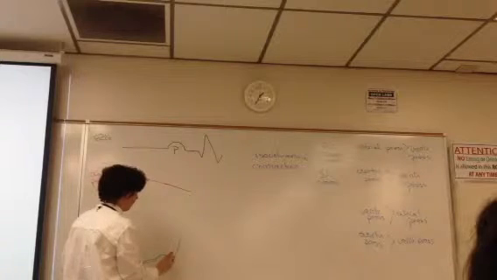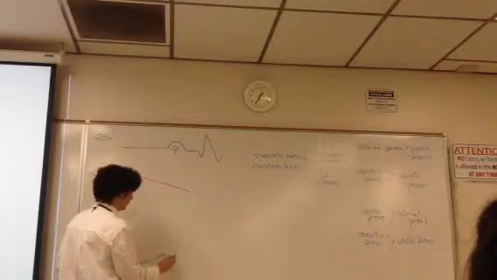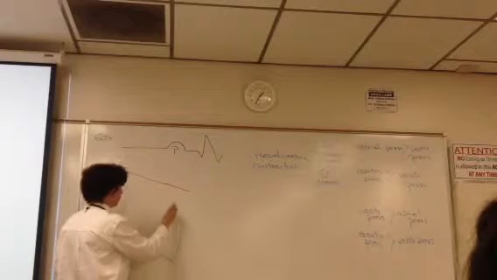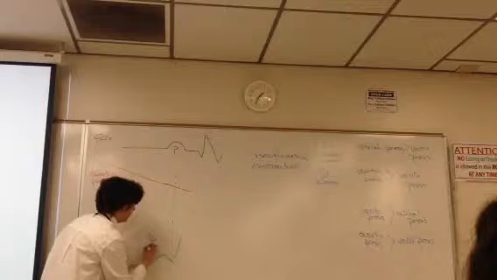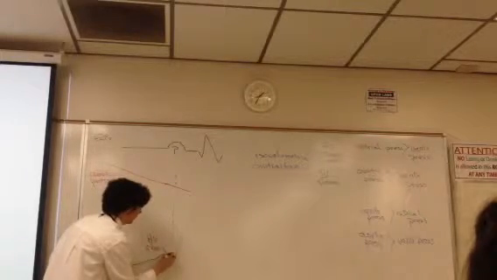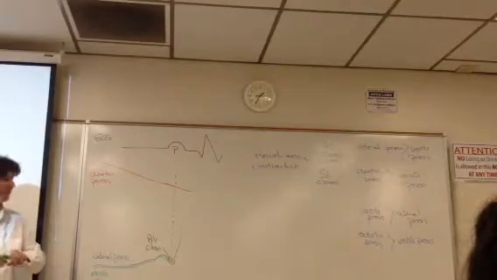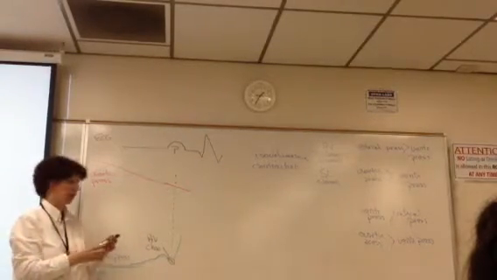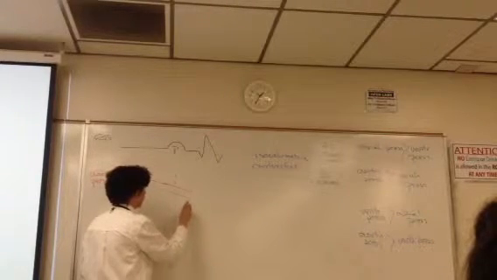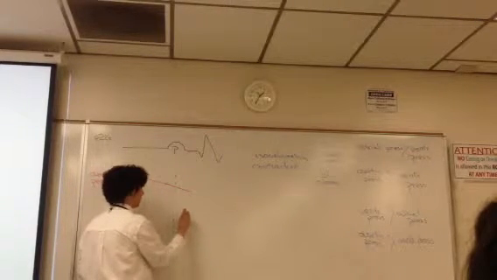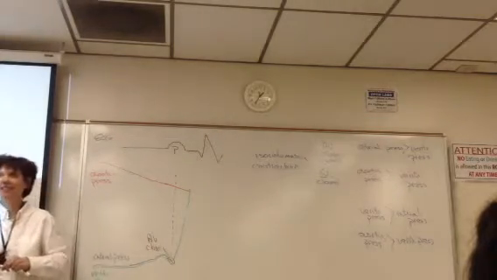So that's going to start right here, as soon as the AV valves close. So here's where the AV valves close. As soon as that pressure relationship switches, semilunar valves are still closed. Ventricular pressure rises rapidly, and it becomes greater than the pressure in the aorta.